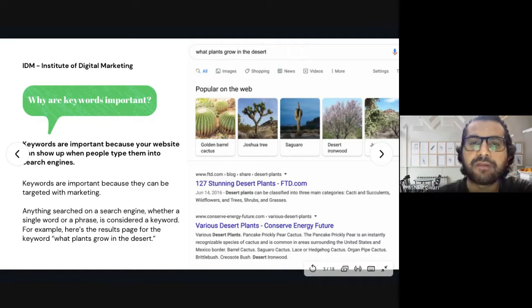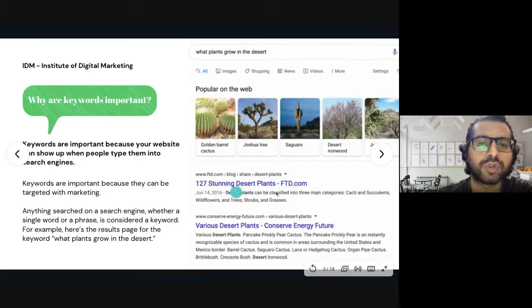And what will happen when someone types this keyword? Those who are using this keyword in the meta description, in the page URL, or in the headline, which we also call the title tag, those websites will appear on the top of the page. And you can see here desert and plant. These two words in this keyword are used here in this page URL: deserts, plants.